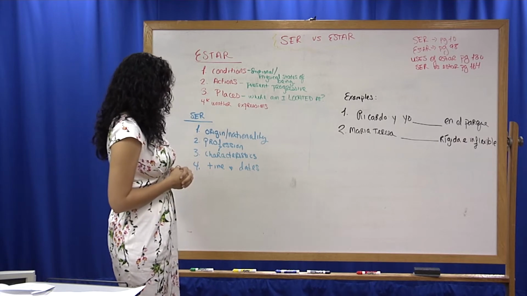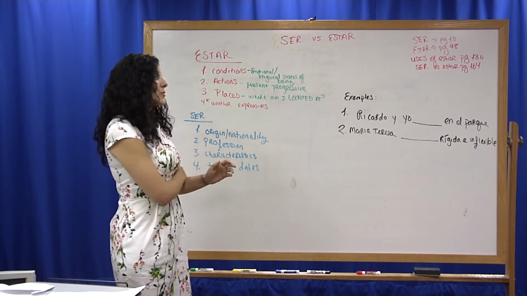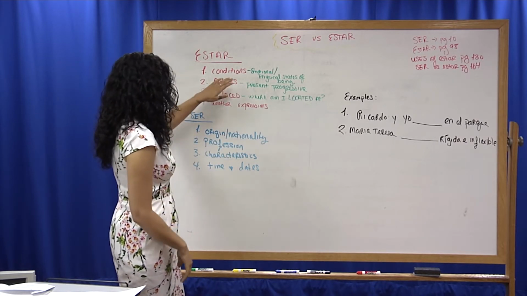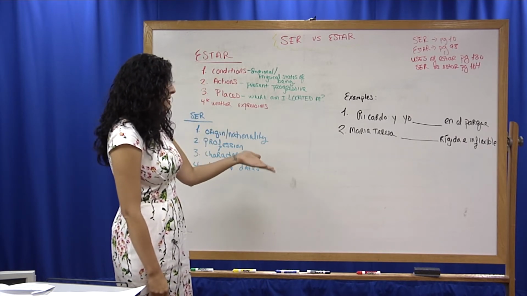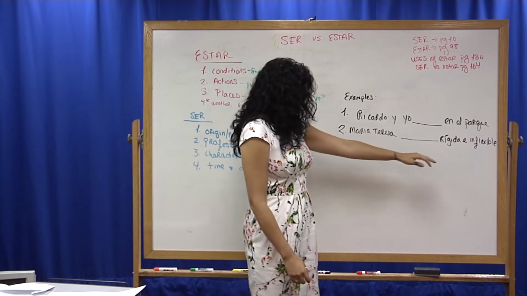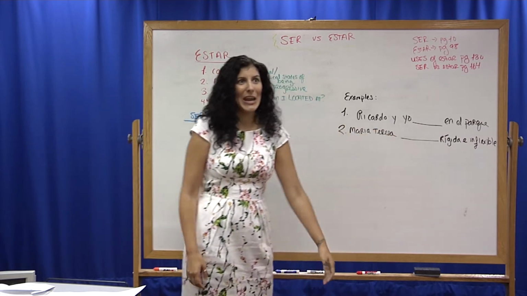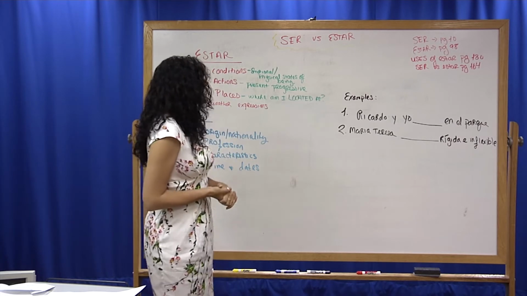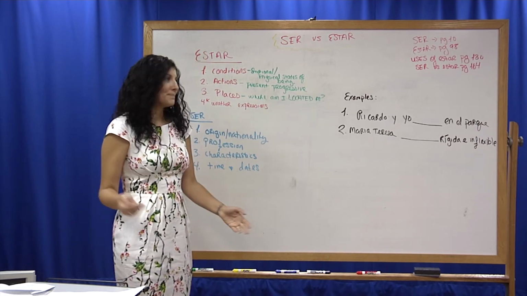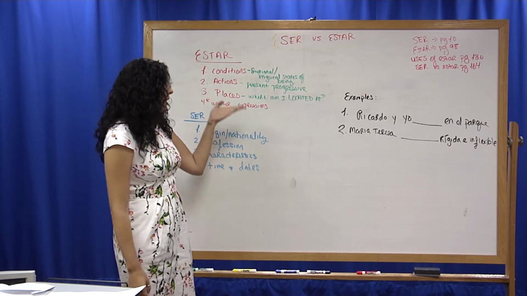So I'm going to ask myself, okay, let me go through the three possibilities that it could be. Could it be a condition? That is to say, an emotional or physical state of being. Is being in the park an emotional or physical state of being? Not really. So it would not be a condition. Is being in the park an action?